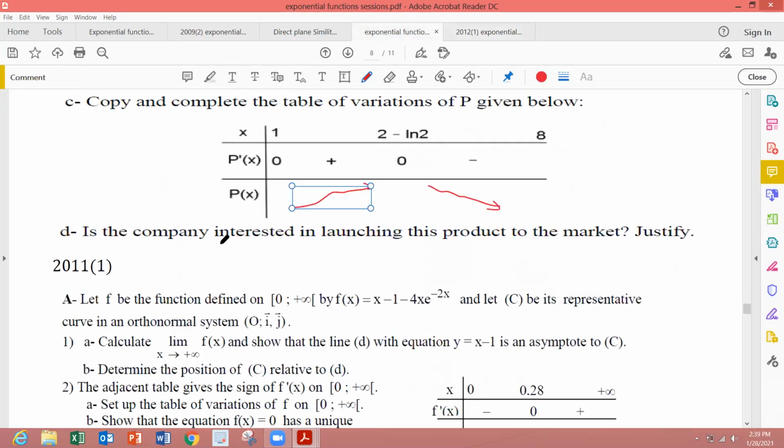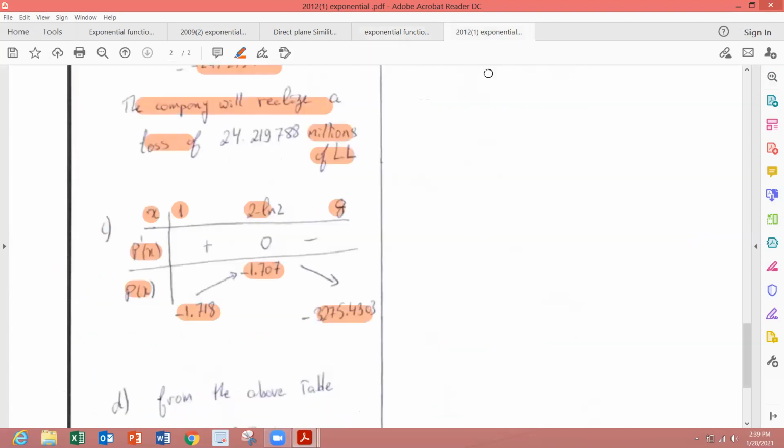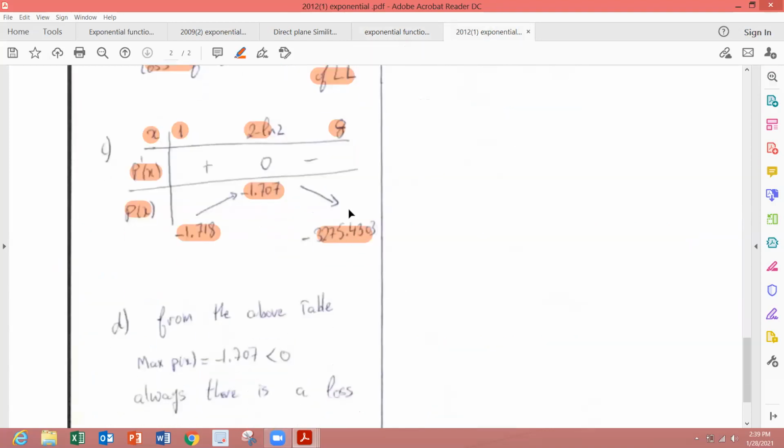The last part. Is the company interested in launching this product to the market? Why? Who can tell if the company is interested? How to know if it is interested? It must give a positive profit. If profit is a gain, it will be interested. If you notice from the table, the maximum profit is negative.